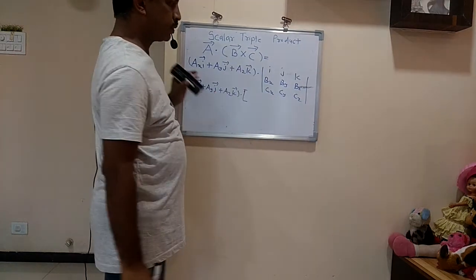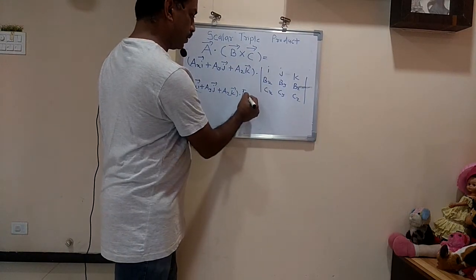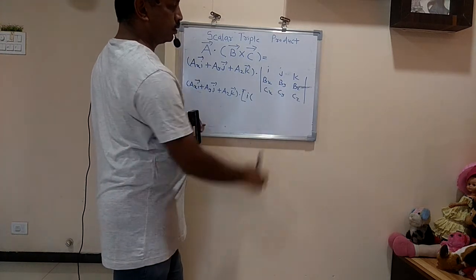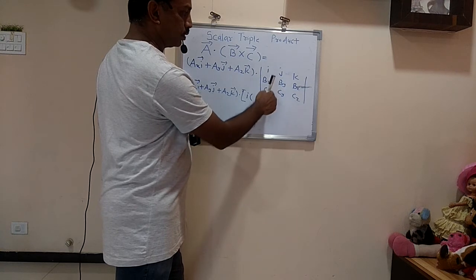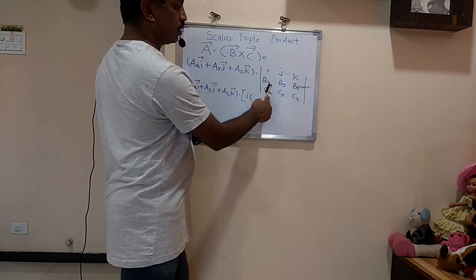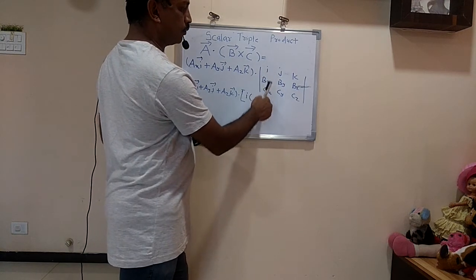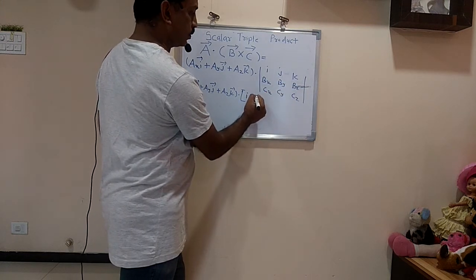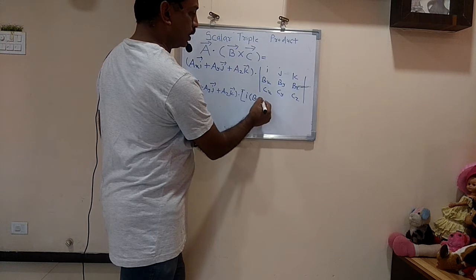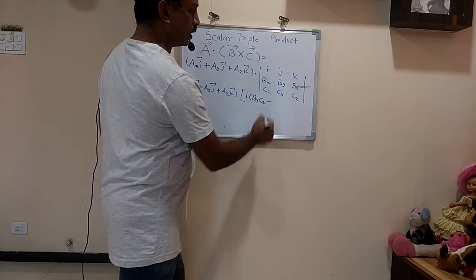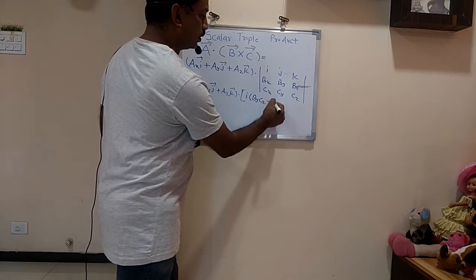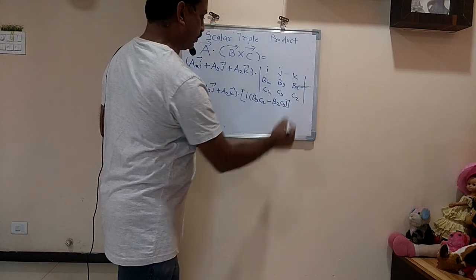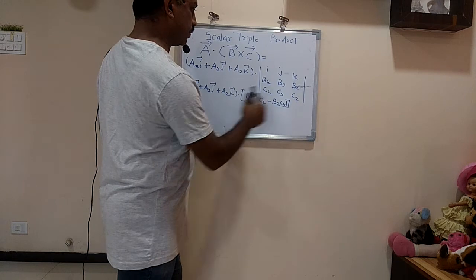To solve this determinant, for i in the bracket, remove the terms below i and take the cross multiplication of the rest. You will get by cz minus bz cy. This is the first term.